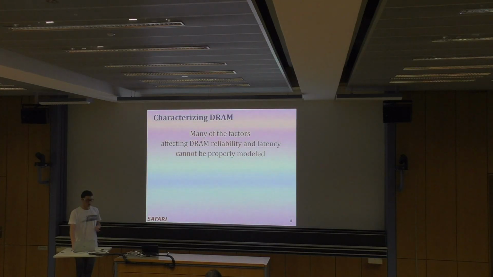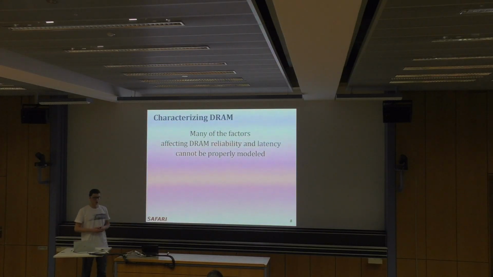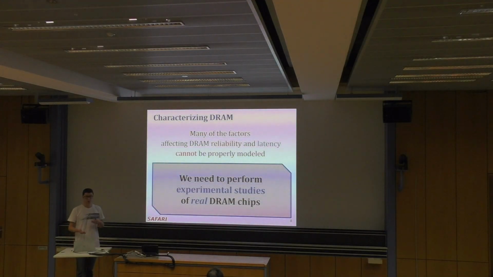We don't have any analytical or better model that will tell us what will happen to DRAM if I reduce this timing parameter, or if I increase the temperature to this point. Such models are not available, so the best we can do today is to perform actual studies, actual experiments on real DRAM chips. And that is not easy with current systems we have.